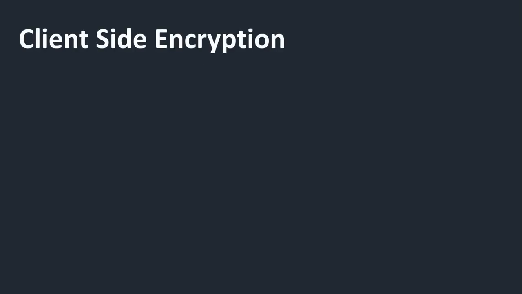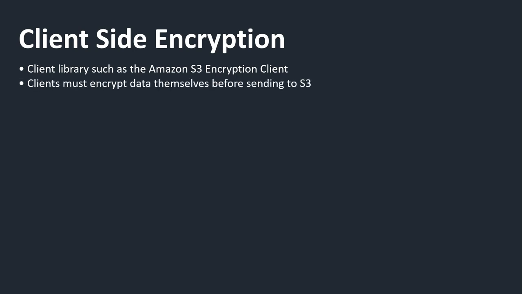Okay, and then finally, client-side encryption. This is when you encrypt the file, the object, before uploading it into Amazon S3. Some client libraries can help you do this. For example, the Amazon S3 Encryption Client is a way to perform that client-side encryption. As I said, clients must encrypt data before sending it to S3.